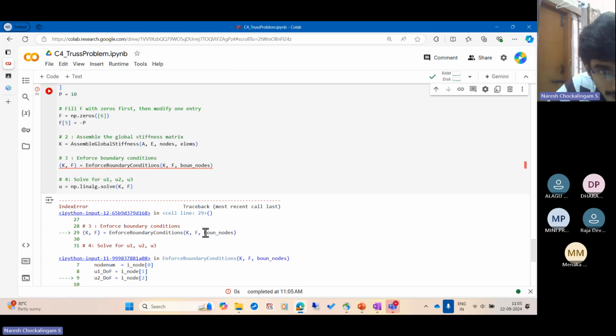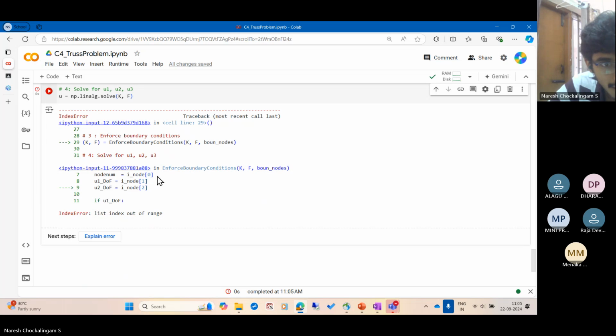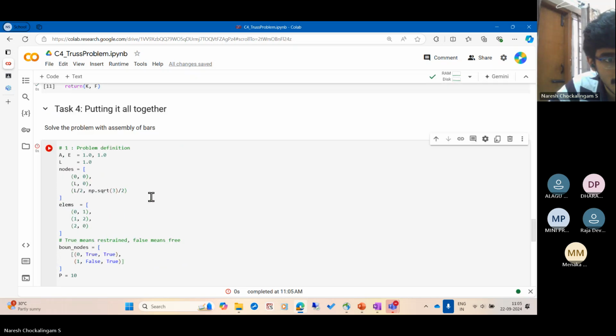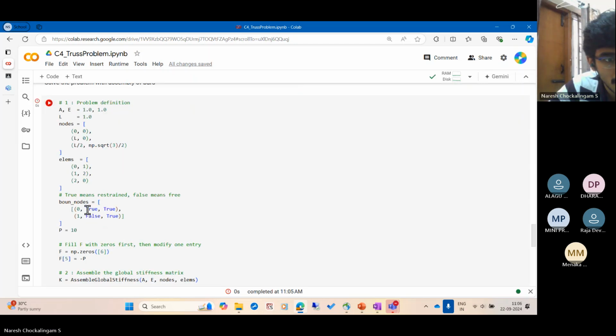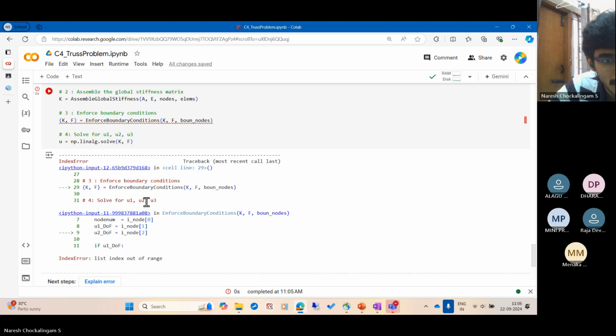Okay, so here there is some issue. Enforce boundary conditions. For I node in bound nodes, list index out of range.